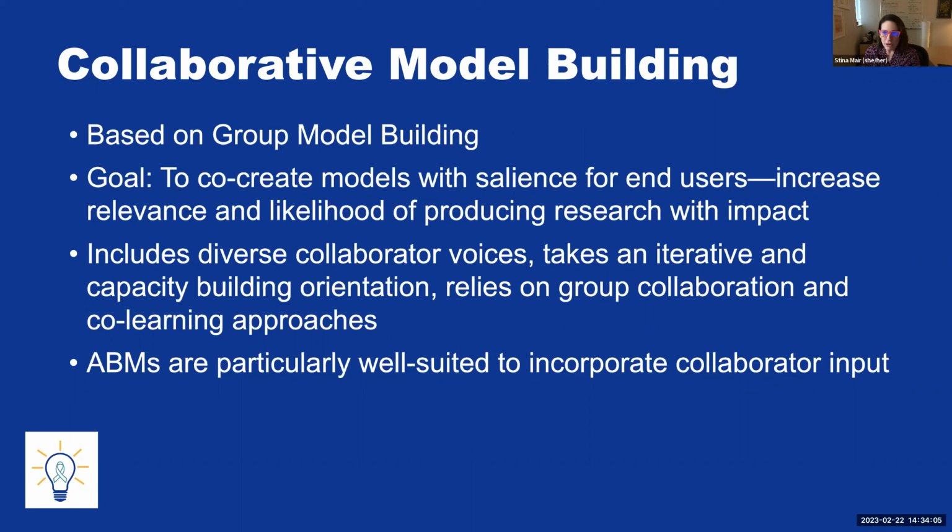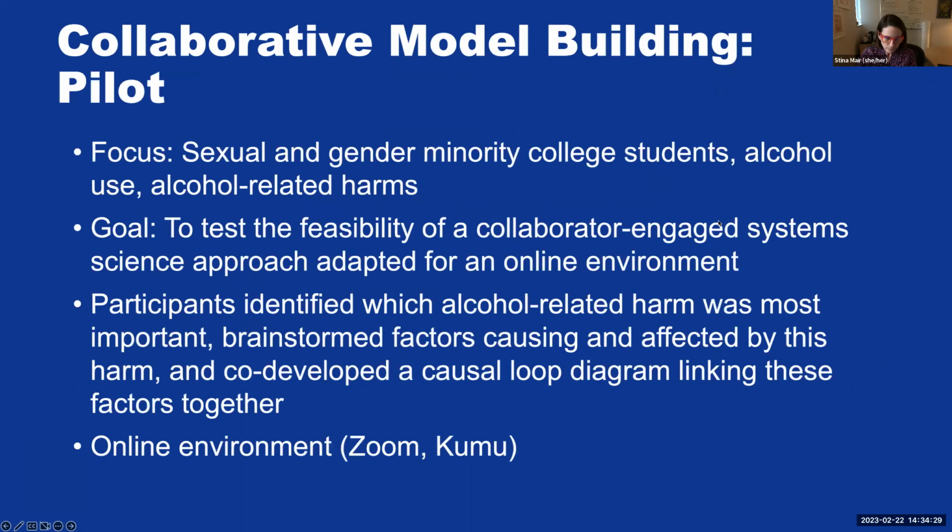We also take a very iterative approach with a capacity building orientation. We informally teach systems thinking as we go through this process with our collaborators, so it's really all about co-learning. And as you see, I think our agent-based models are very well suited to incorporating collaborator input, such as a causal loop diagram developed by a collaborative team.